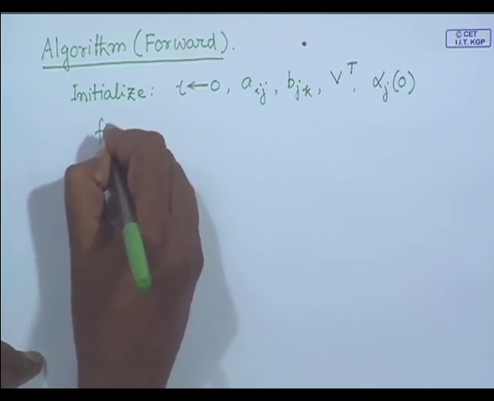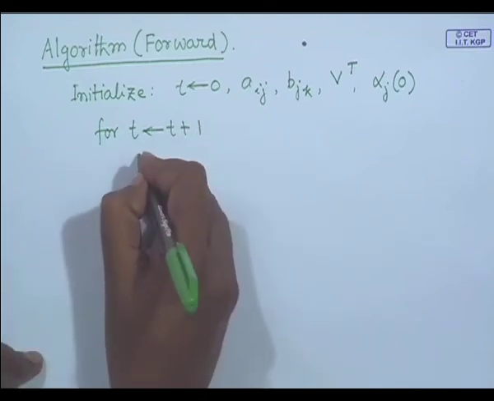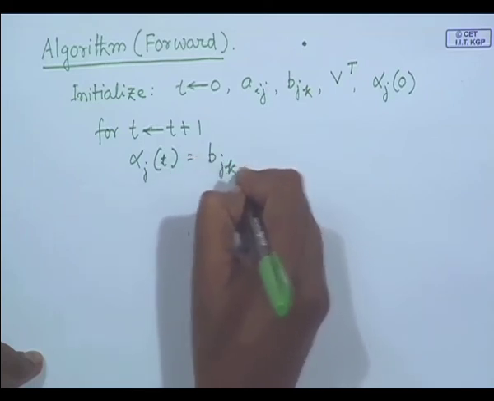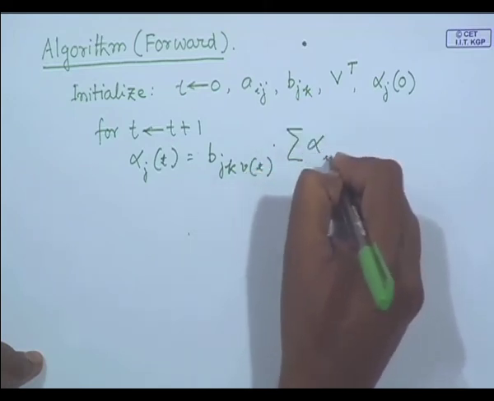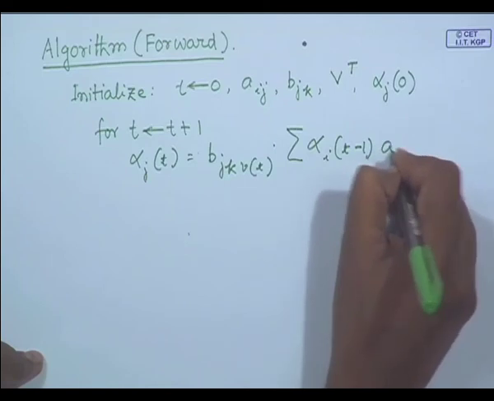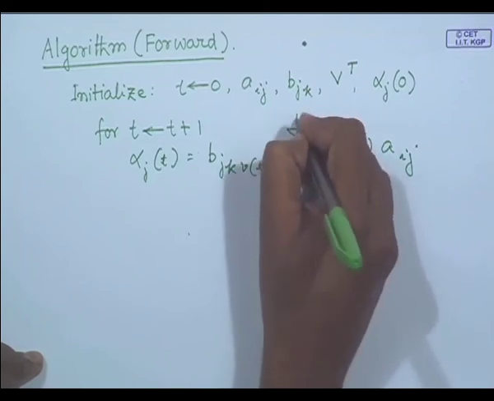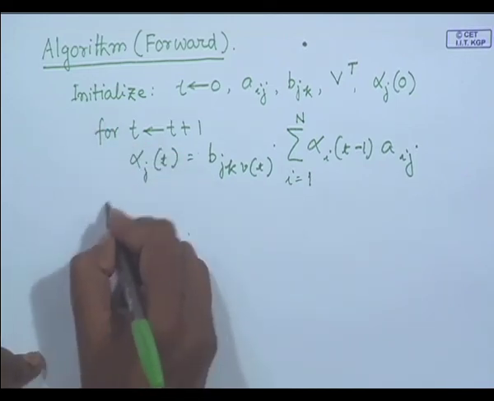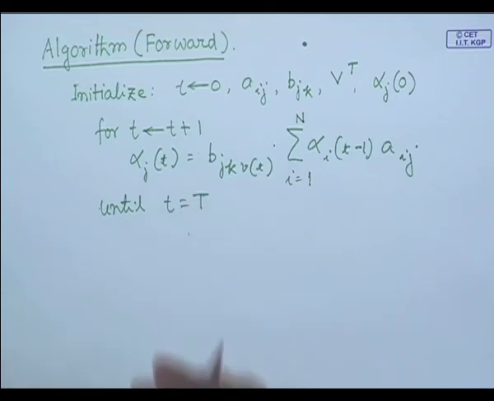For recursion, I increment t, and alpha j t will be b j k v t, the same one, into the sum of alpha i t minus 1 into a i j, where i varies from 1 to n, as I have n hidden states. This has to continue until t becomes equal to capital T, because I have to take all the symbols from the given sequence of symbols.